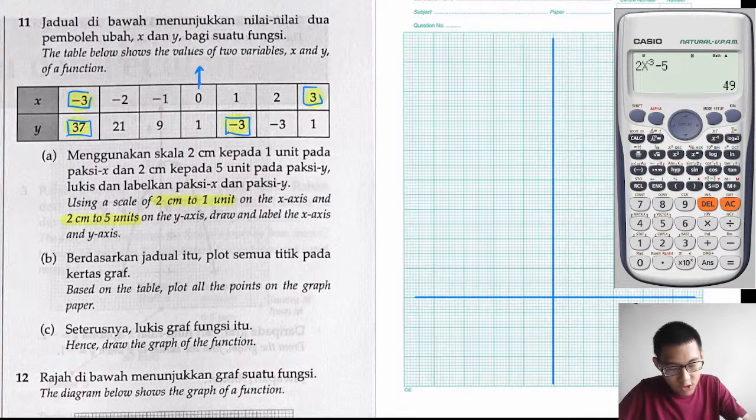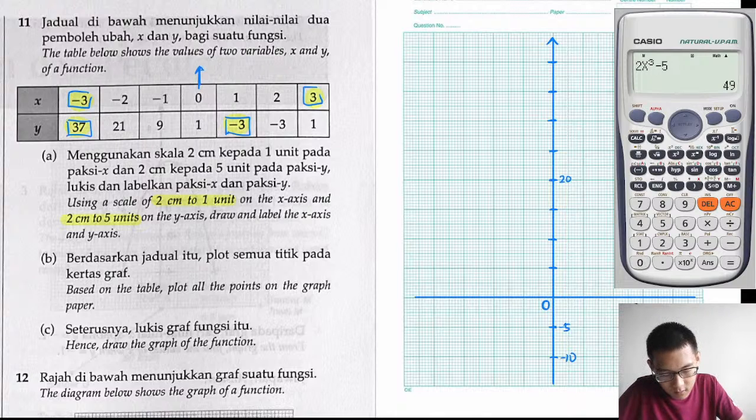Or you want to check whether it's 40 below. So you start from 40, 35, 30, 25, 20, 15, 10, 5, 0. At 0 you try to draw the x-axis, and then you start from -5, -10.